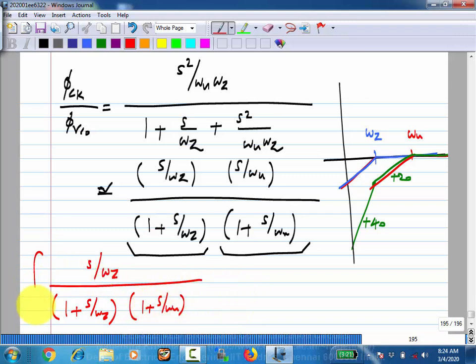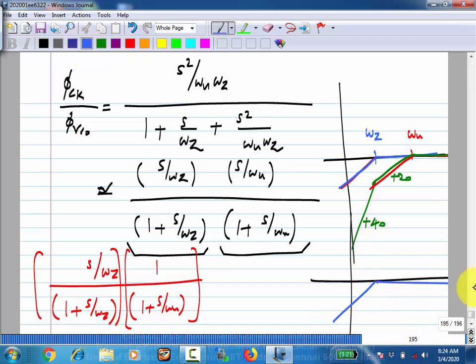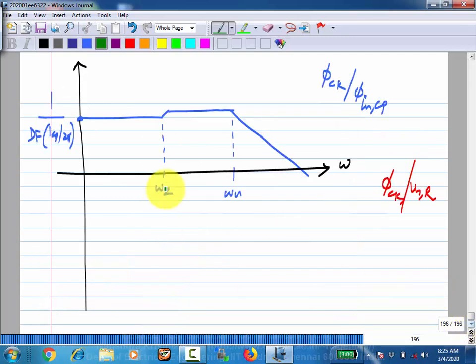This time it's a product of a high pass function and a low pass function. The high pass part has a corner of omega_z and the low pass part has a corner of omega_u. Okay? So the overall transfer function will have this sort of broad band pass type structure.